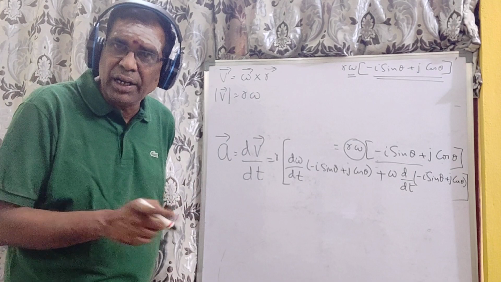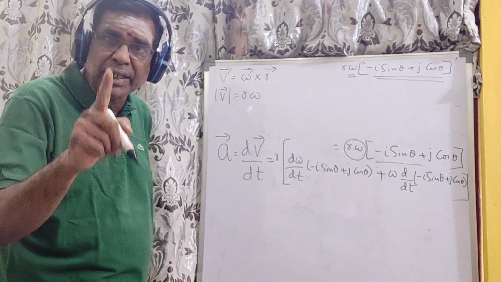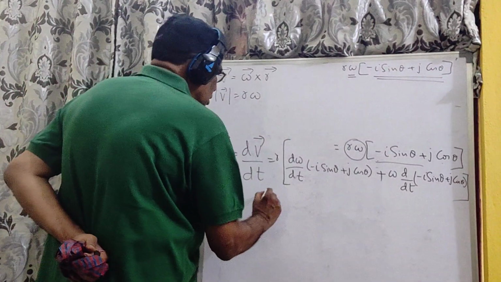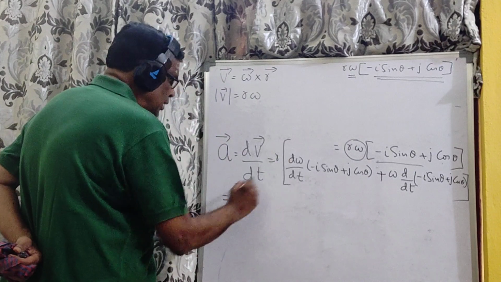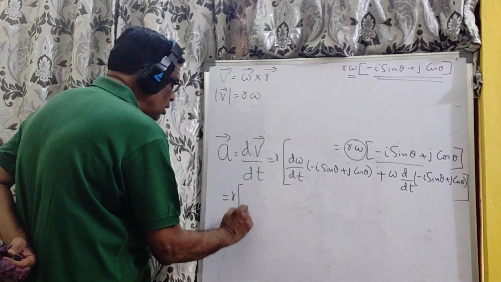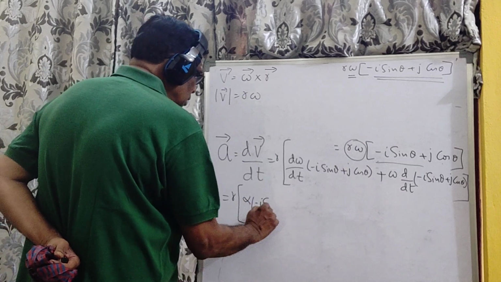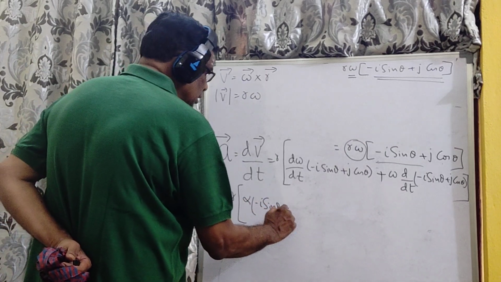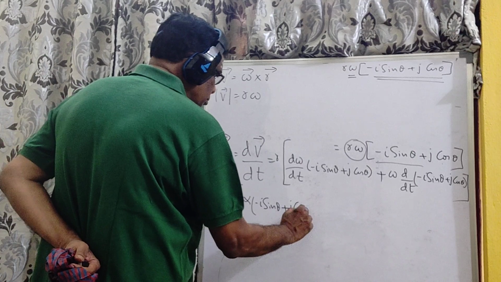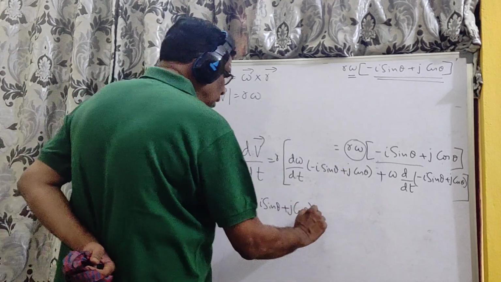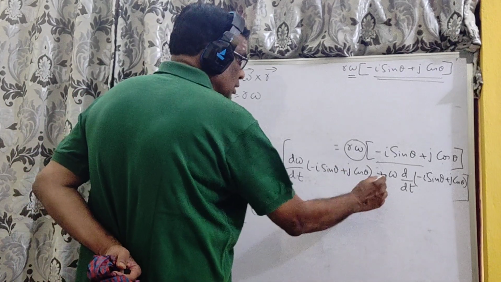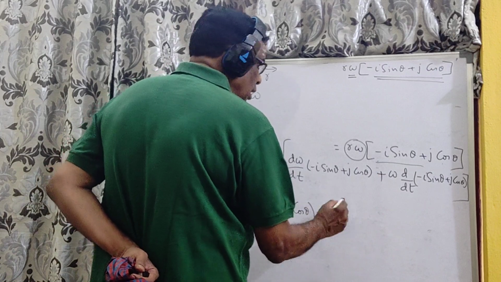We have defined it already as alpha. Is it clear? Therefore, I will write here R as usual, alpha, this is minus I sin theta, plus omega.